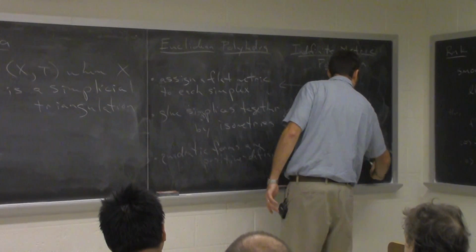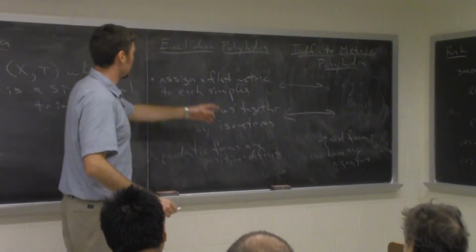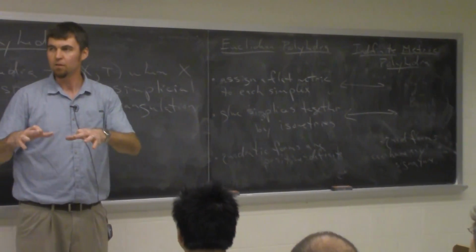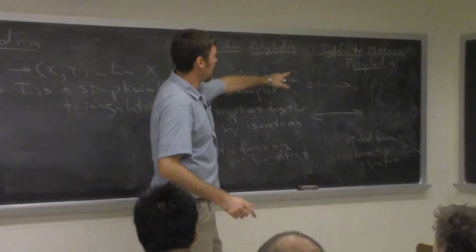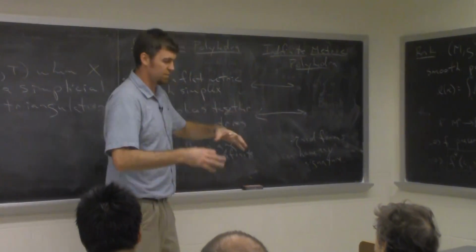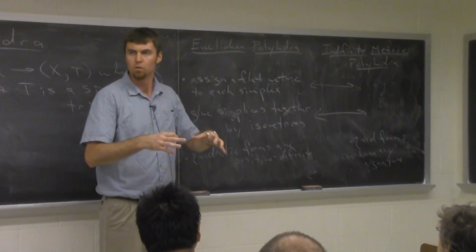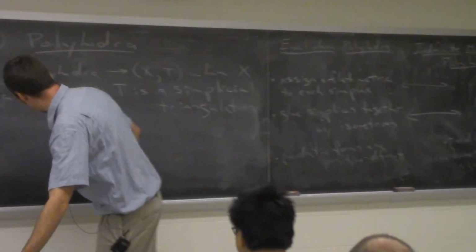Here you want all k-simplices to admit linear isometric embeddings into E^k. Here, all k-dimensional simplices admit linear isometric embeddings into some R^{p,q}, where p plus q is k.